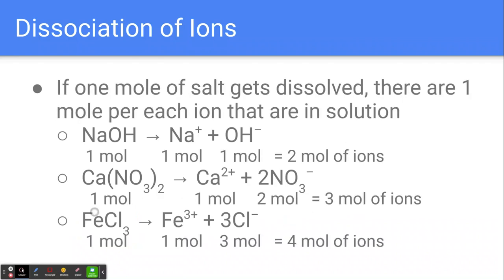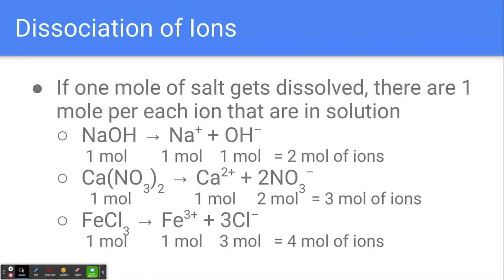Now, why do we care about that? Well, if we're going to dissolve 1 mole of that substance, you're going to get a mole for each ion that's in solution. So if I get 1 mole of sodium hydroxide dissolved in a solution, you're going to get a mole of sodium and a mole of hydroxide.